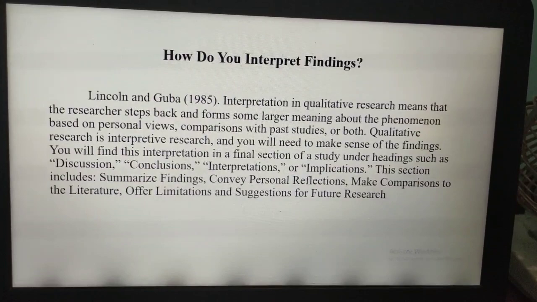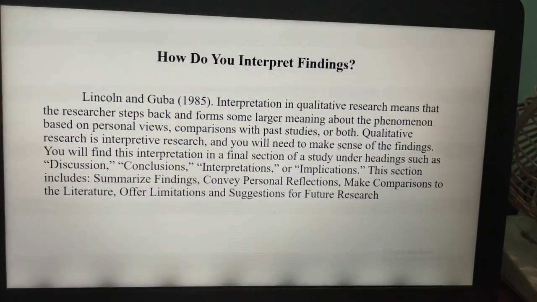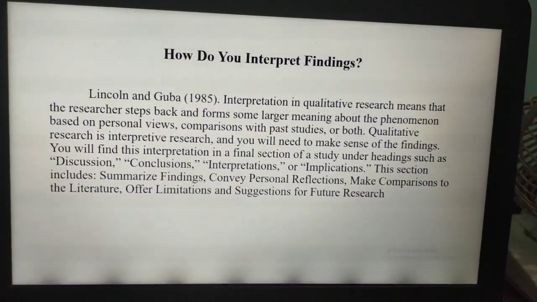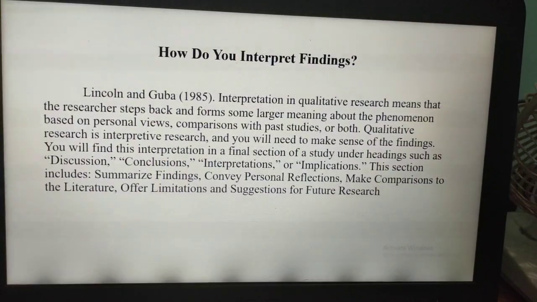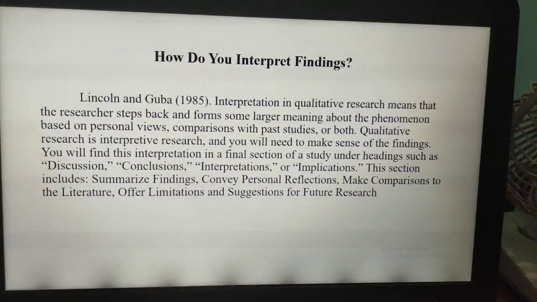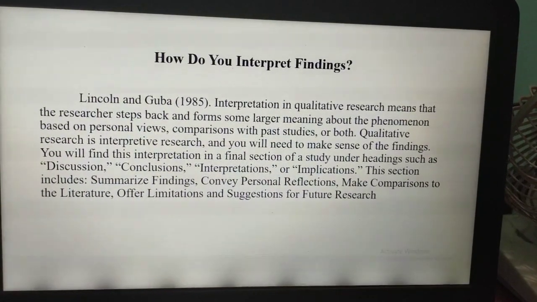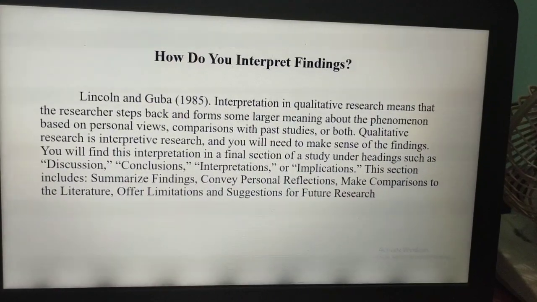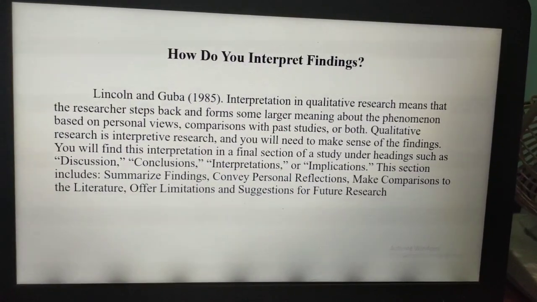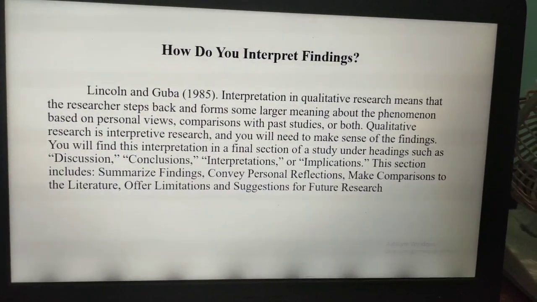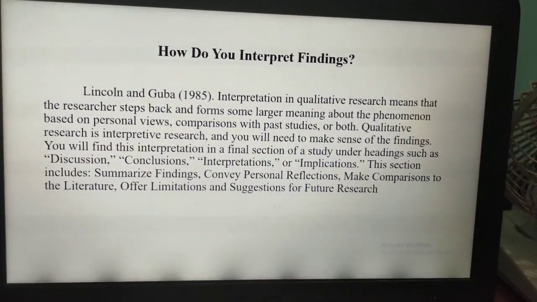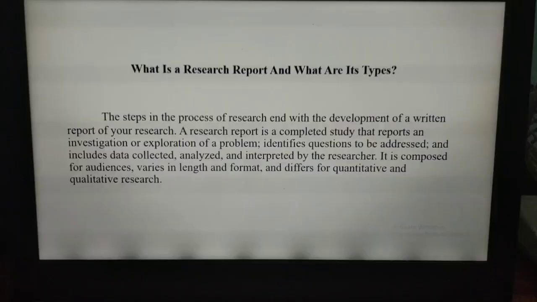Qualitative research is interpretive research, and you will need to make sense of the findings. You will find this interpretation in a final section of a study under headings such as discussion, conclusion, interpretation, or implication. This section includes summarizing findings, conveying personal reflection, making comparisons to the literature, and offering limitations and suggestions for future research. Next slide.